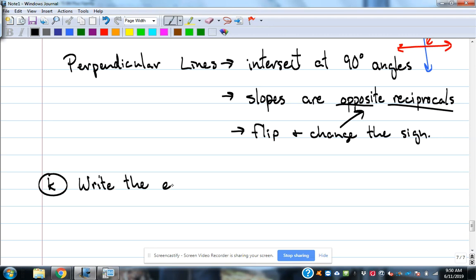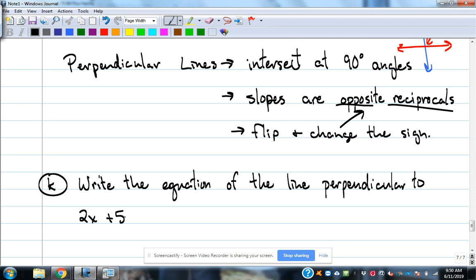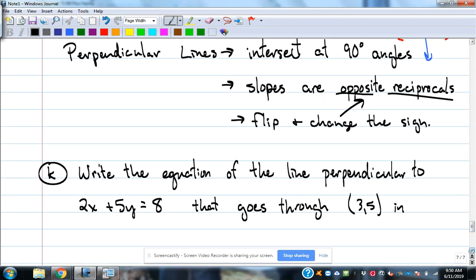Write the equation of the line perpendicular to 2x plus 5y equals 8. It goes through (3, 5). And let's write it in slope-intercept form.